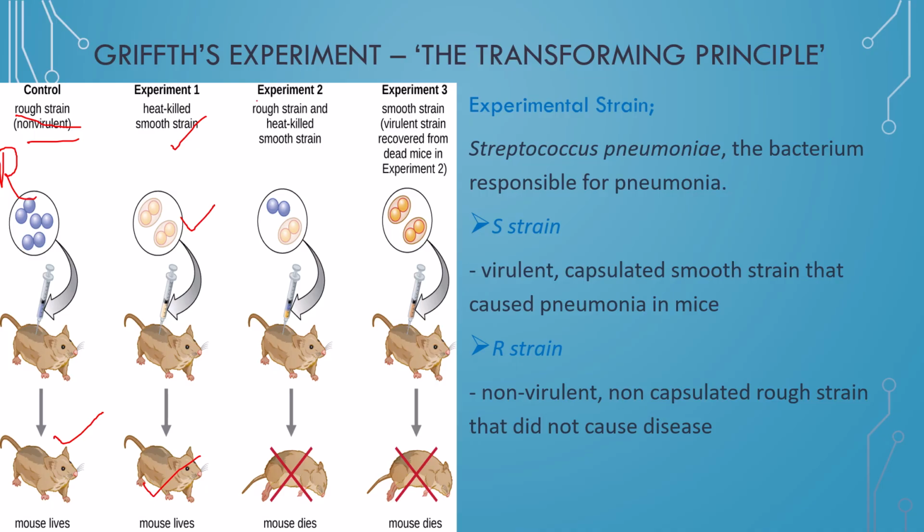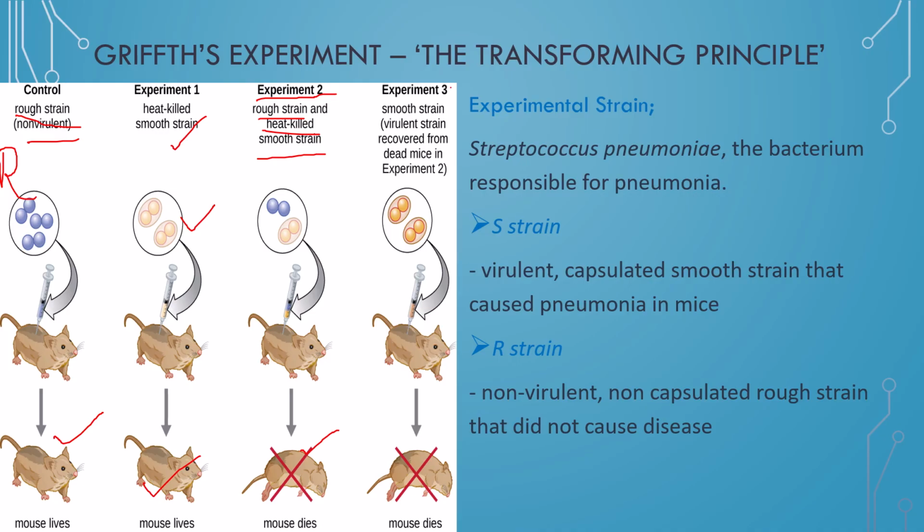The second experiment was Griffith's experimental observation which led to the discovery of the transforming principle. Here he mixed a live rough strain and a heat-killed smooth strain. To his surprise, he found that the mice died of pneumonia.